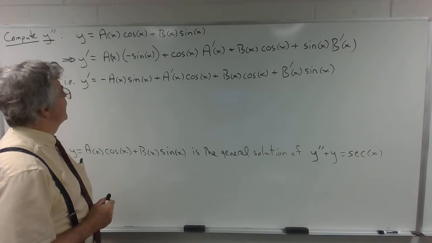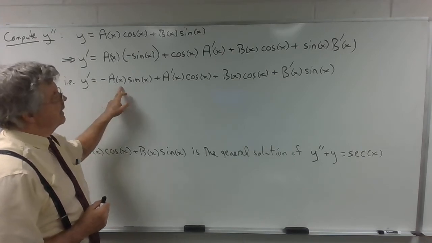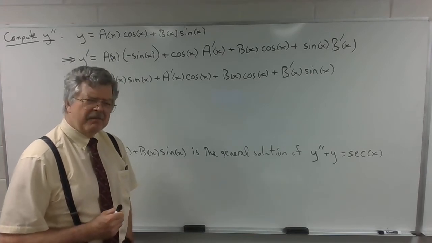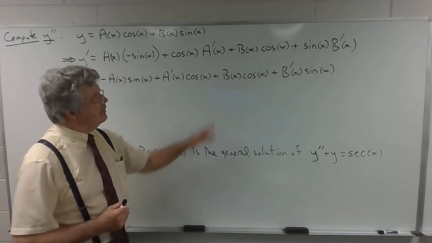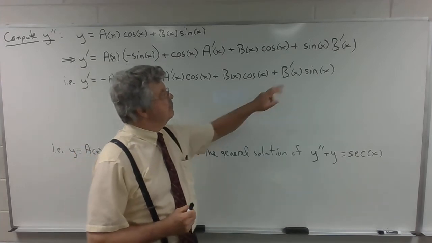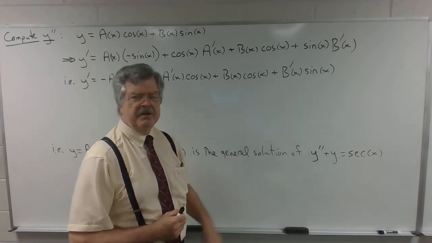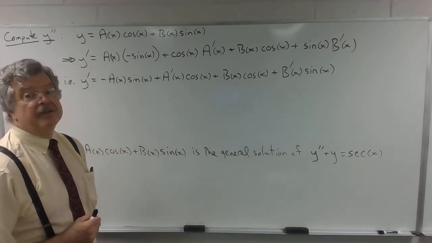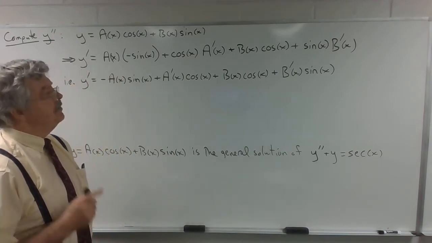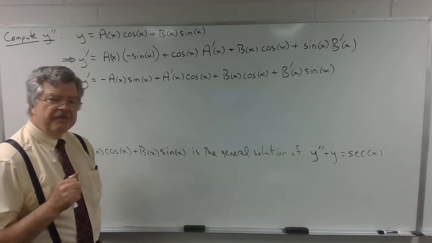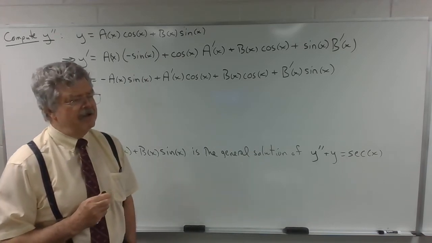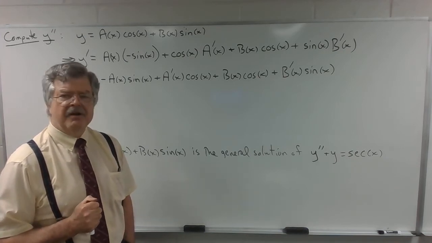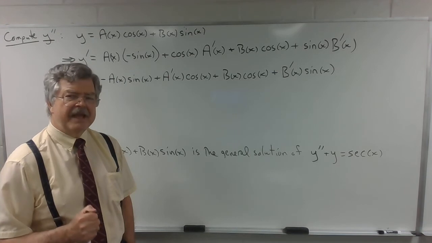And we're going to have some a of x's, some a prime of x's, some a double prime of x's, some b of x's, some b prime of x's, some b double prime of x's. That's an awful lot. So typically, it's at this point in solving the differential equation that we exercise our right to impose the second restriction.